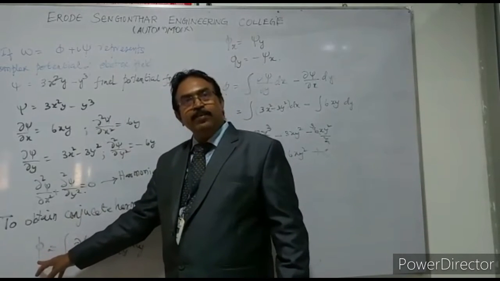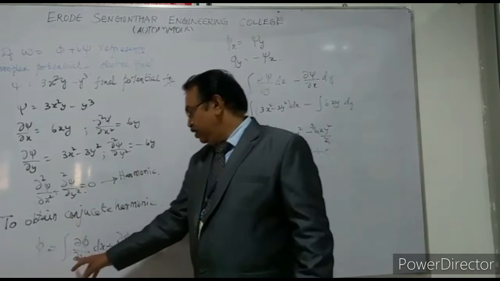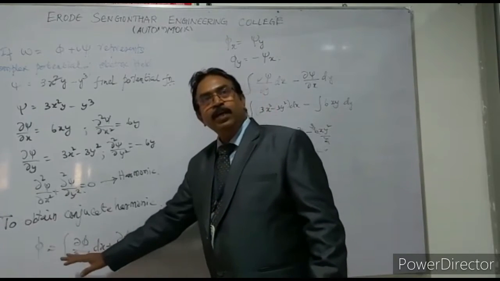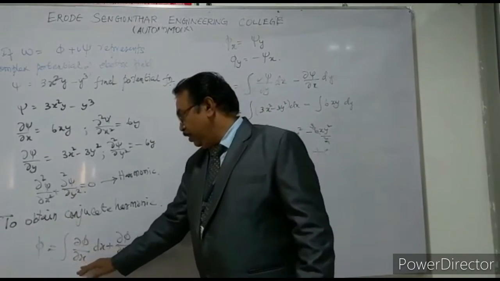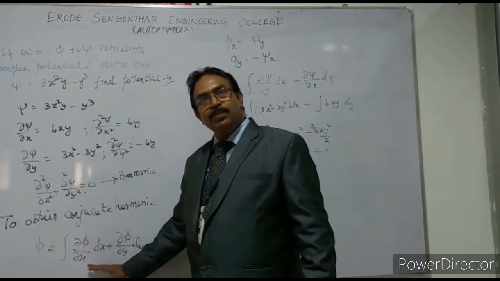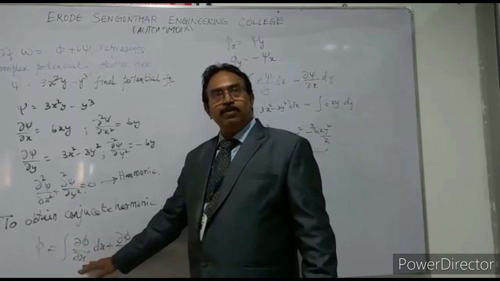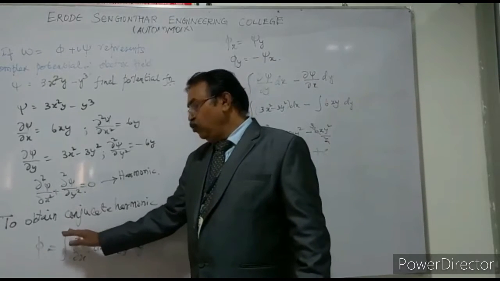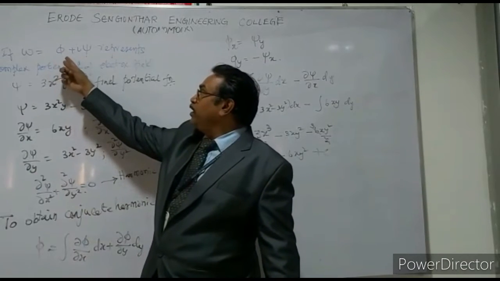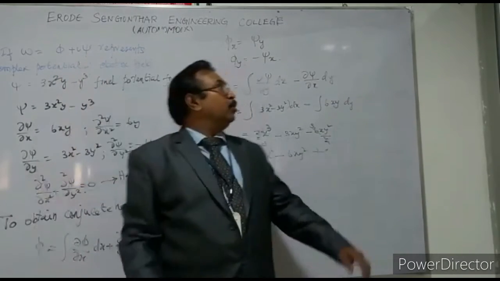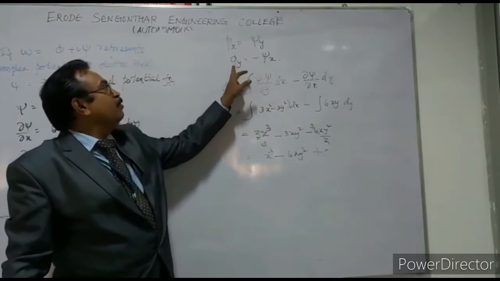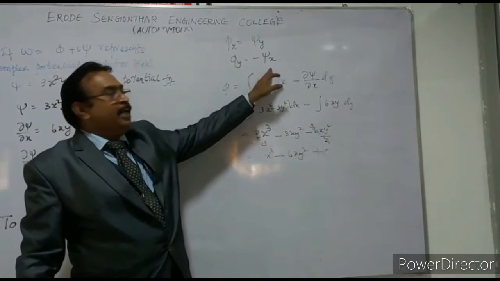Previously we saw what dphi is: dou phi by dou x dx plus dou phi by dou y dy, from the first derivative. Since this is an analytic function, it satisfies the CR equations. What is the CR equation? Ux is equal to Vy. So dou phi by dou x is equal to dou psi by dou y. That is written here: phi x is equal to psi y and phi y is equal to minus psi x.